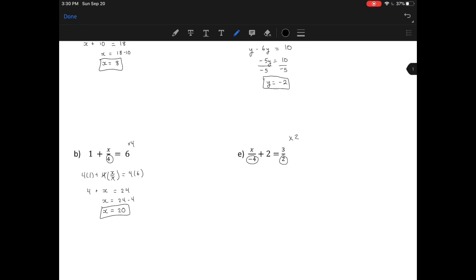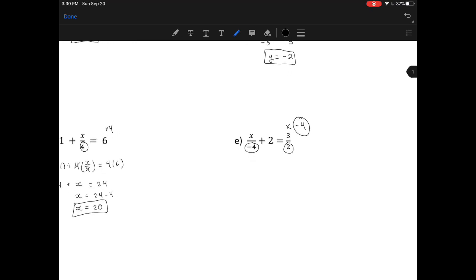The smallest common denominator between 2 and negative 4, if I multiply everything by negative 4, 2 goes into 4, and negative 4 goes into 4, which will end up canceling out both fractions.